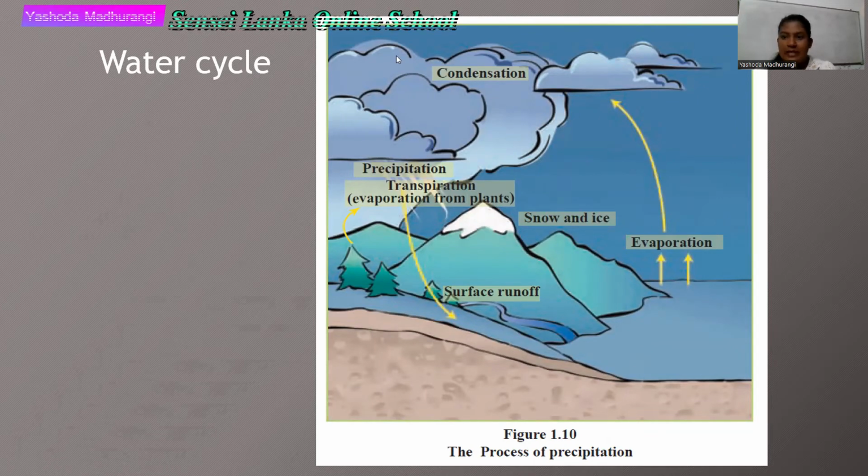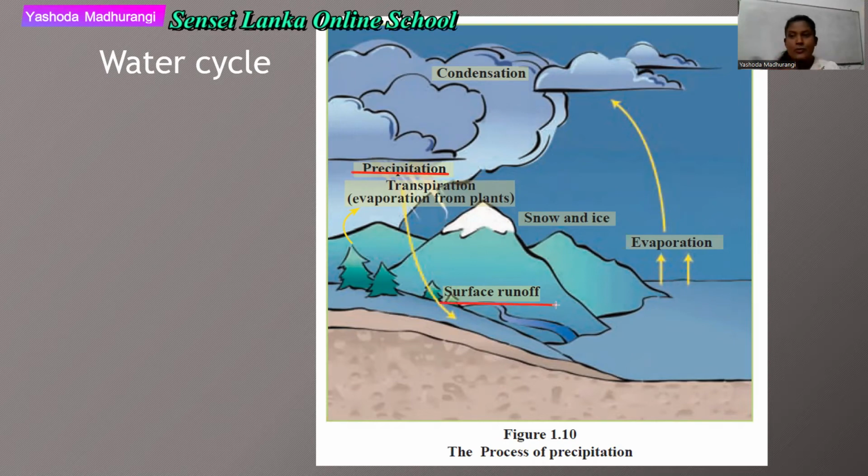Shall we look at the meanings of these words? See what are the words? Precipitation is there. Precipitation, now you know it is the rainfall. The rain falls on the ground. Then what happens? Surface runoff.